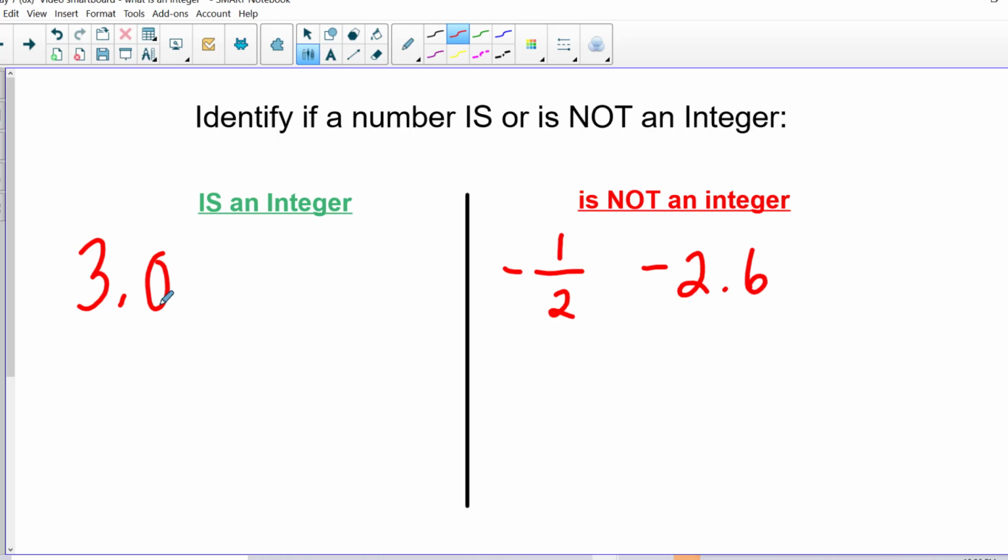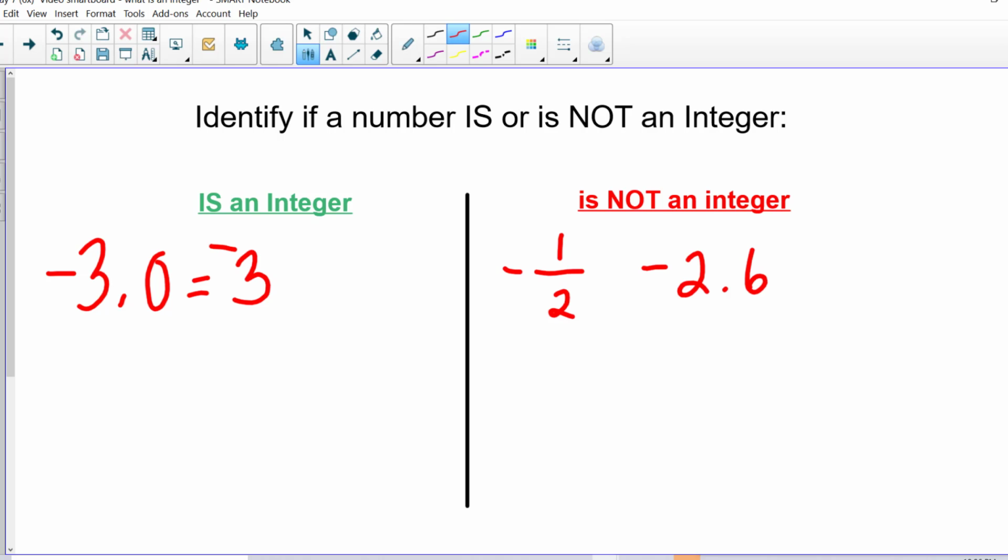Not true, because what do we have after the decimal? Nothing, right? So 3.0 is the same as just 3, which is an integer, right? Same with negative 3.0 is also an integer, because there's nothing after the decimal.